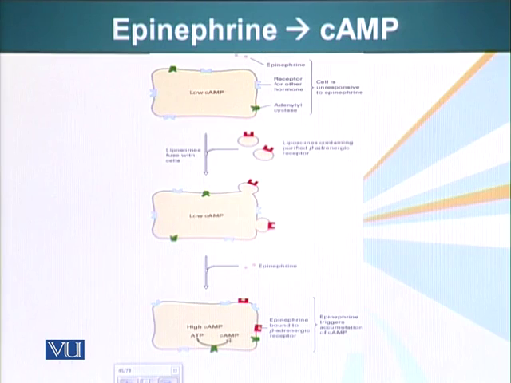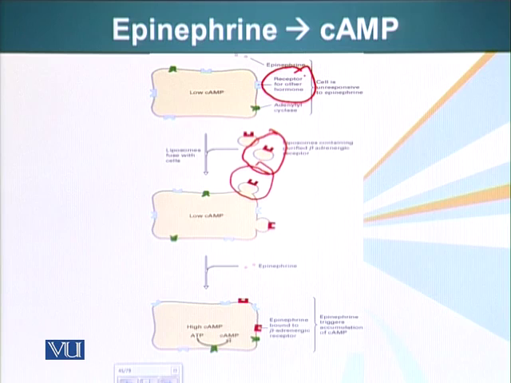How do we know that this actually happens? A simple experiment was designed. Take a cell which does not respond to epinephrine, which has adenylyl cyclase and has receptors for other hormones, but not for epinephrine. We can make liposomes, small vesicles which contain the receptor for epinephrine, and fuse them with this cell.